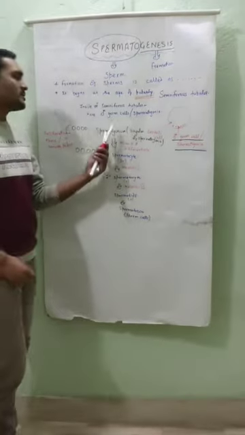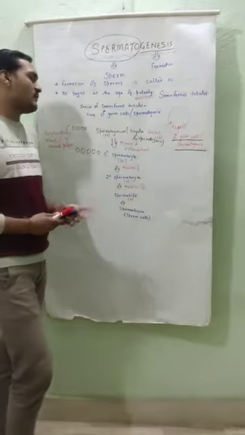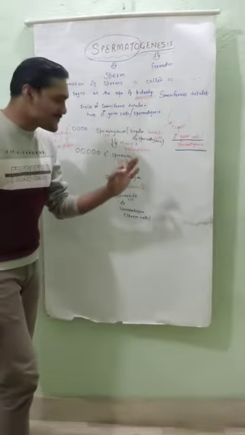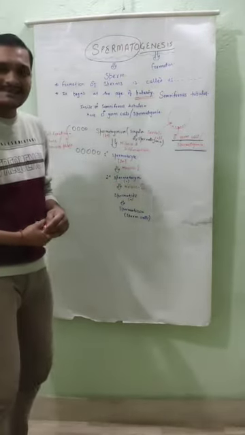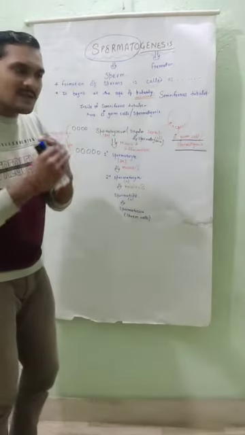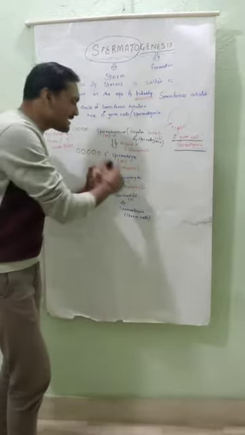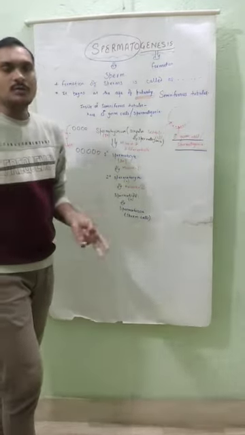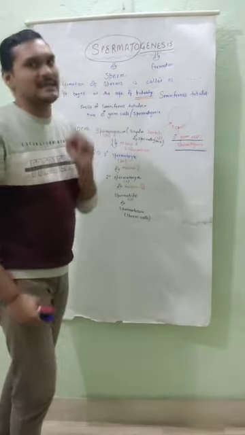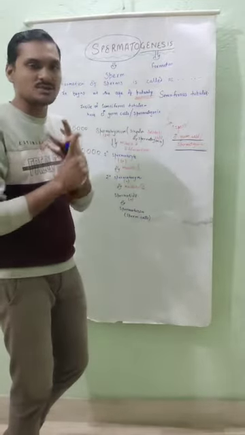Now this growth and proliferation leads to the formation of primary spermatocyte, and the type of cell division which takes place here is mitosis. Now these primary spermatocytes undergo meiotic divisions. Now we know that meiotic divisions get completed in two stages. First one is meiosis 1 and second one is meiosis 2.